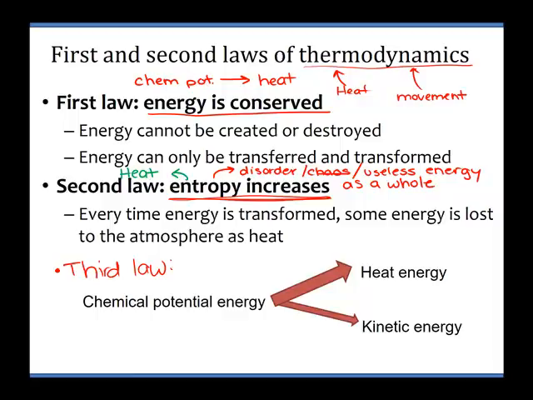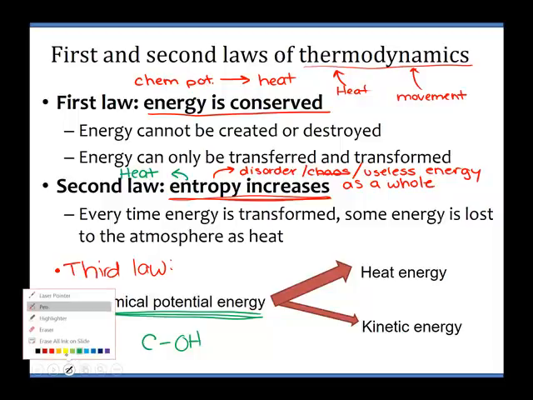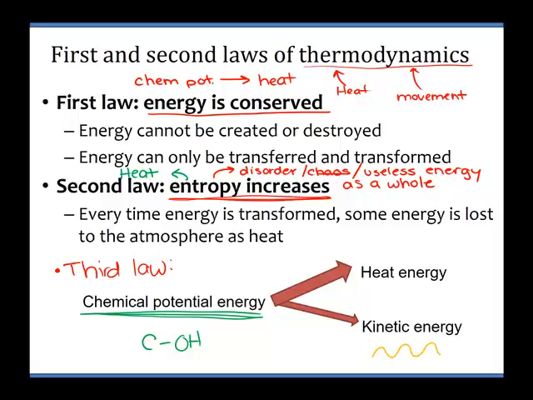So what this means, as an example, if we take some nice, relatively high quality chemical potential energy, say we take a COH bond, and we transform it into kinetic energy, say in radiation, in a photon. So say we burn that COH bond and fire releases light.